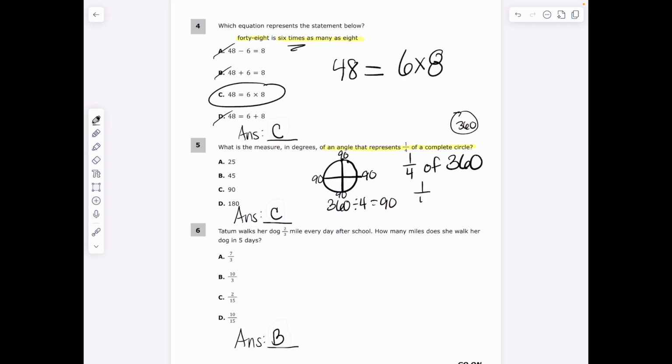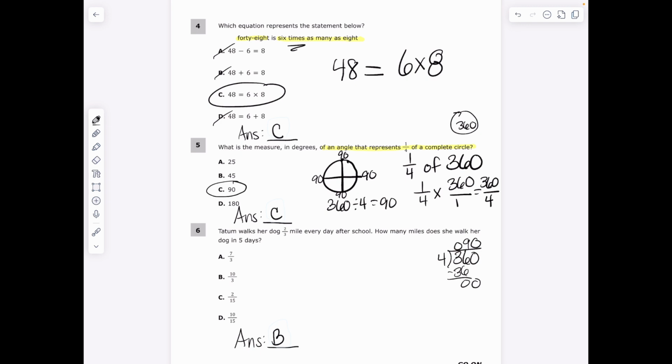So you can do 1/4 times 360, and I'm going to put a little 1 underneath it so I can multiply these fractions, and you'll get 360 over 4, which is the same thing as 360 divided by 4. And if you do that division work, even though I didn't show it a second ago, 4 can't go into 3. 4 goes into 36 9 times, and then you have to put that 0 at the end. So you get the entire 90.